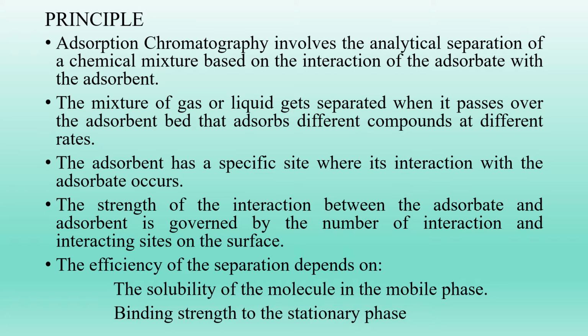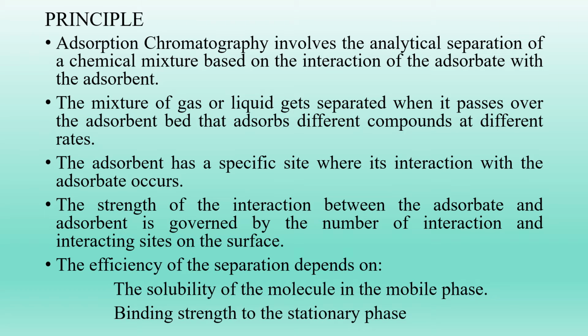The adsorbent has a specific site where interaction with the adsorbate occurs, and the strength of the interaction is governed by the number of interactions and interacting sites on the surface. The efficiency of the separation depends on the solubility of the molecules in the mobile phase and also the binding strength to the stationary phase.